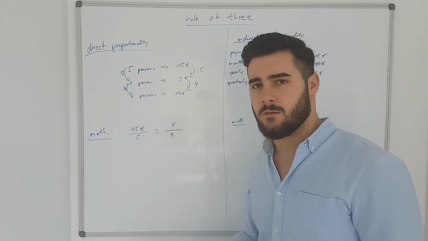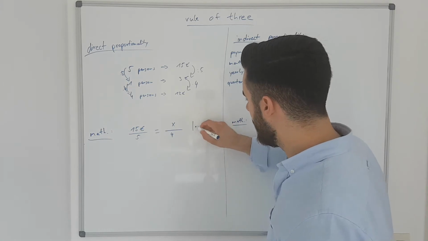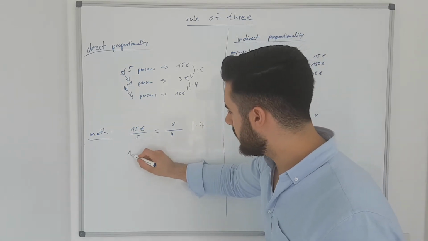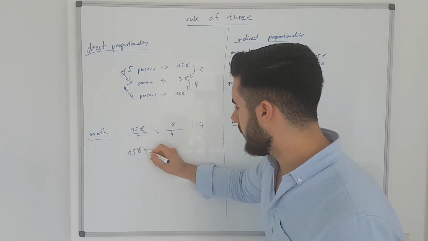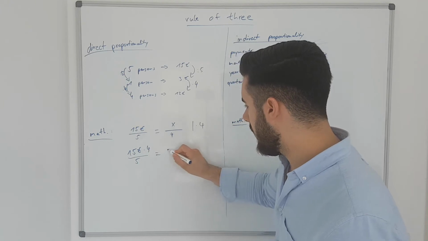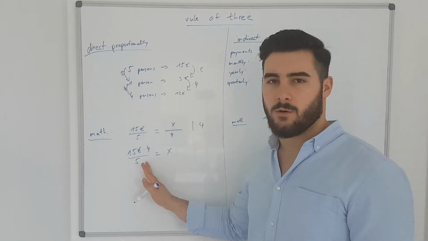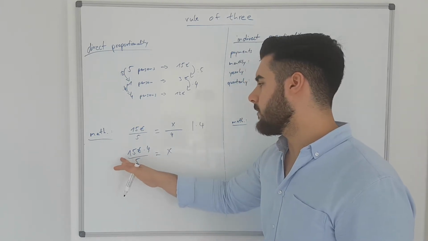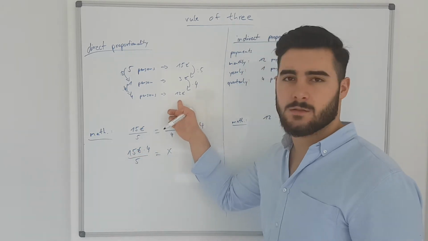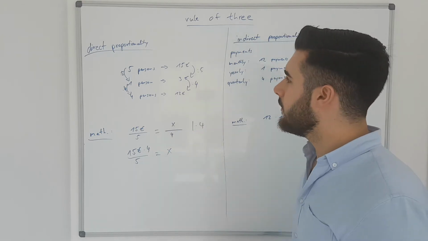So basic mathematical operation, you multiply the 4 to the other side, and you find out what x is. So basically 15 euros times 4 divided by 5 is the same thing as we calculated over here in our calculation.